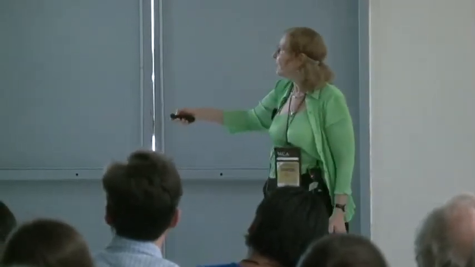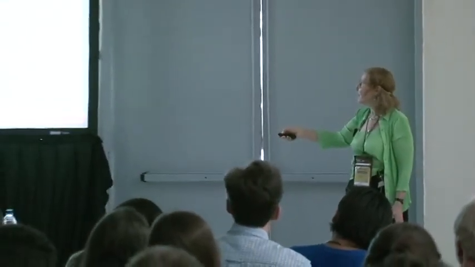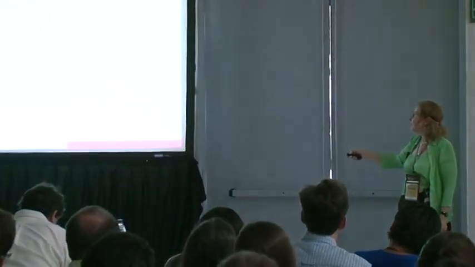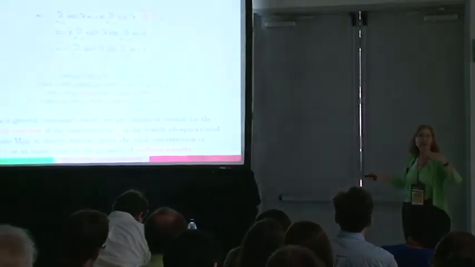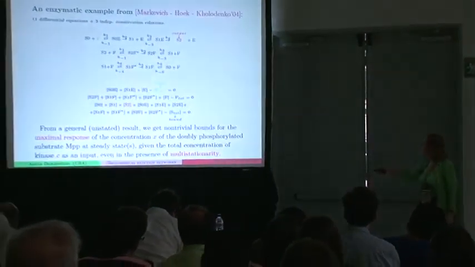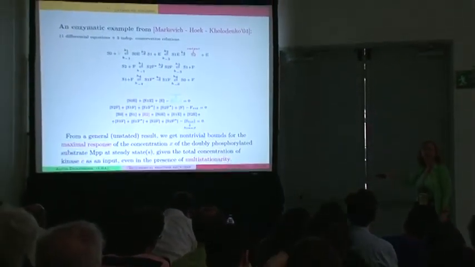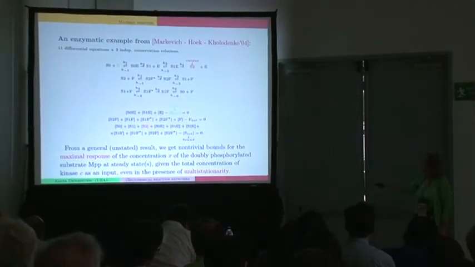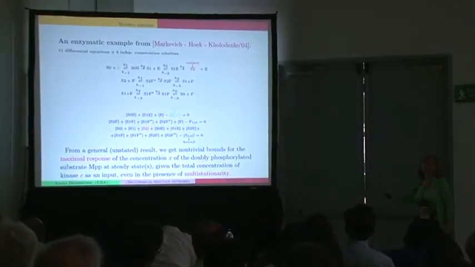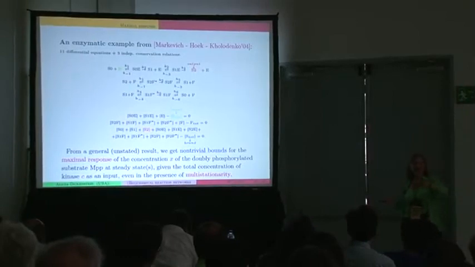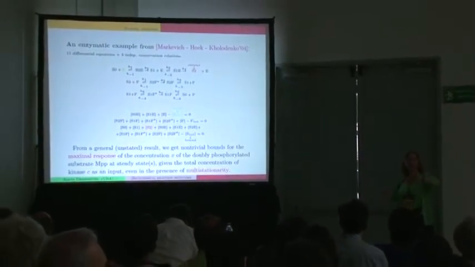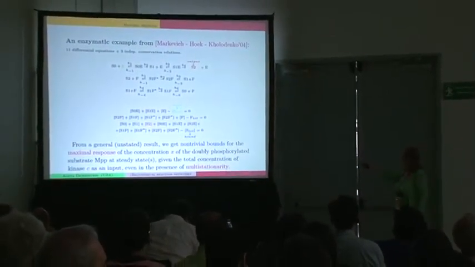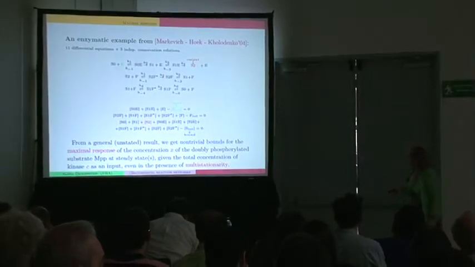This is one of the equations of this linear subspace, but it has all positive coefficients. S2 is here, so the total amount of substrate is a bound. So S2 cannot be larger than what they call S dot. But this happens all along the trajectories, okay? And our aim was to find a better bound for the value of S2 at steady state.